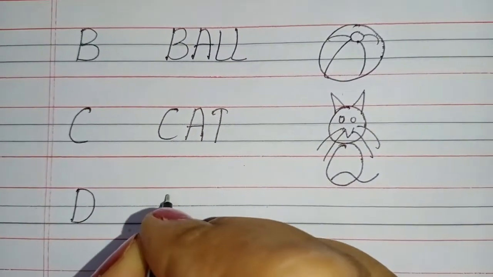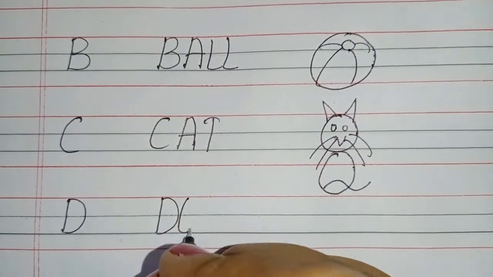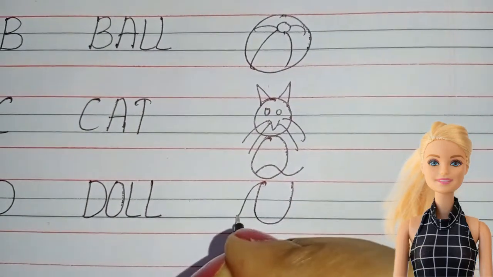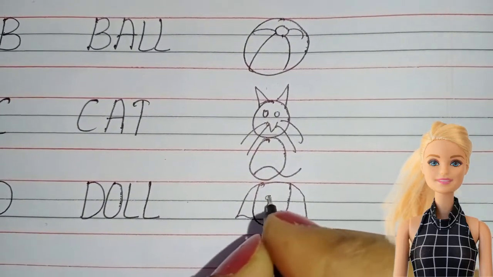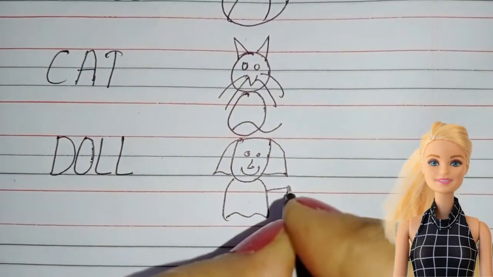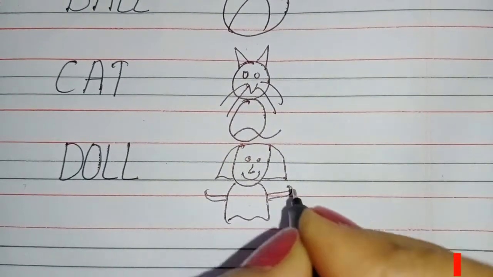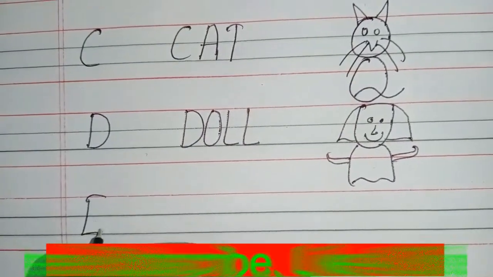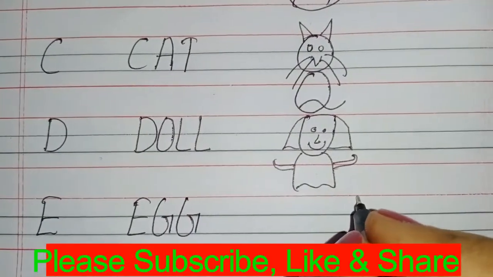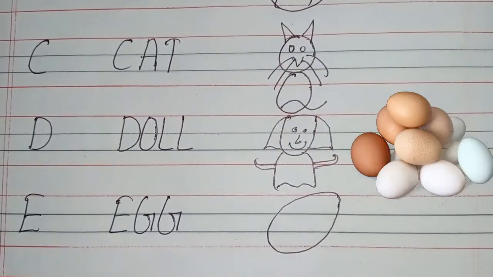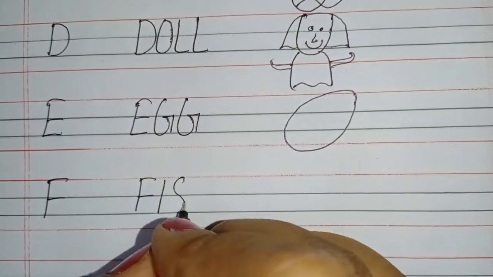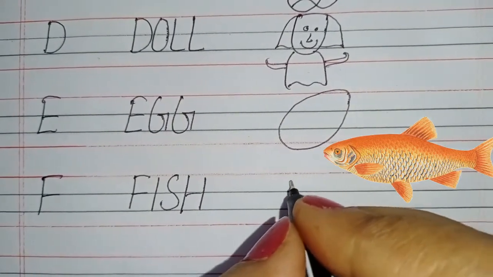D. D O L L. Doll. D for doll. E. E G G. Egg. E for egg. F. F I S H. Fish.